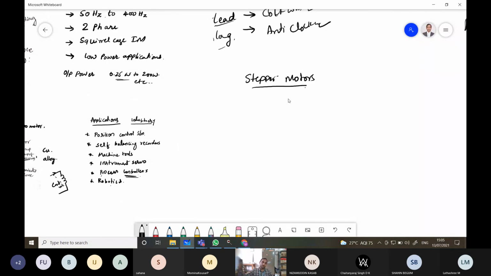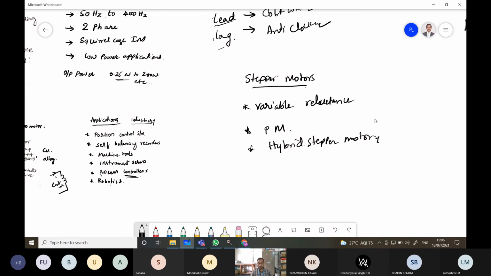In stepper motors there are some classifications: variable reluctance stepper motor, permanent magnet stepper motor, and hybrid stepper motor. We'll discuss what step angle is and all these things in the next class.